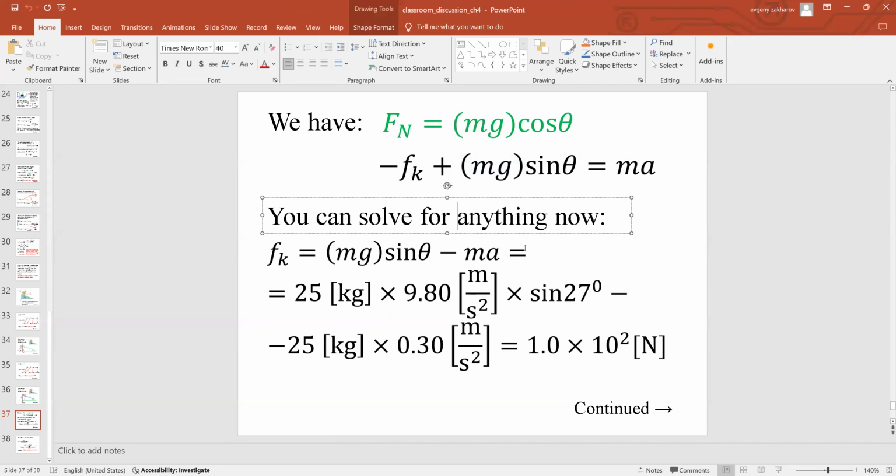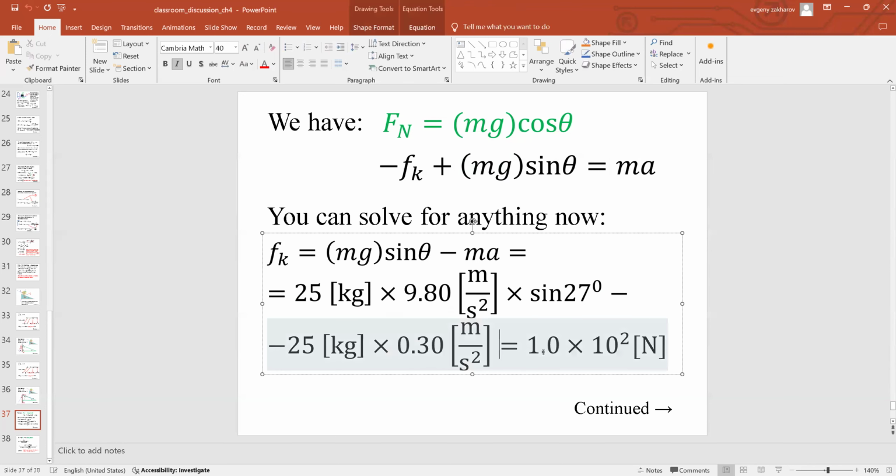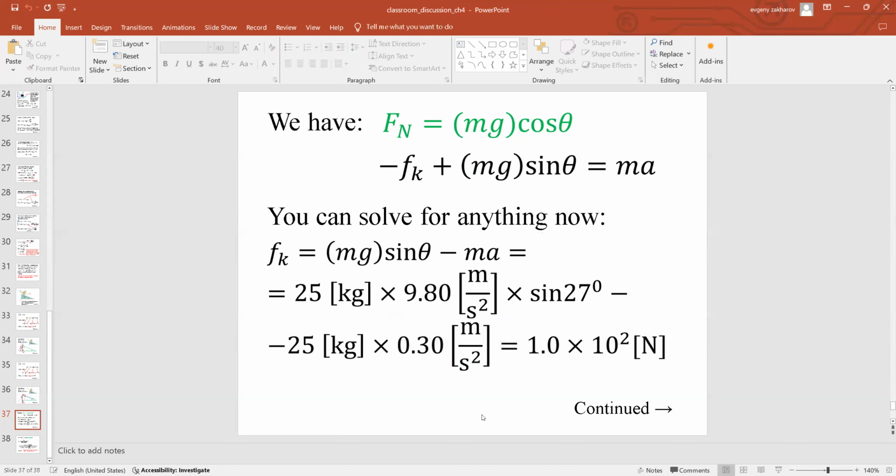The rest is really algebra, just substitution, elimination. If you can do algebra, good. If you can't, it's really not my job to teach you that. I'm still showing my work here, and you get the final answer, and don't forget sig figs and units. But it's really up to you how you're going to solve the system of two equations with two unknowns.